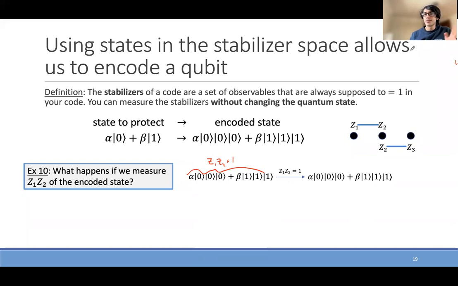Another way to say this, Harsh said it in chat, is that the expectation value of this is 1, because I'm always going to measure Z1, Z2 equal to 1. And so I don't collapse my wave function at all, because my wave function is already as collapsed as it can get when you measure Z1, Z2.